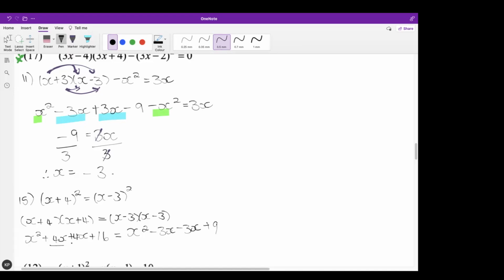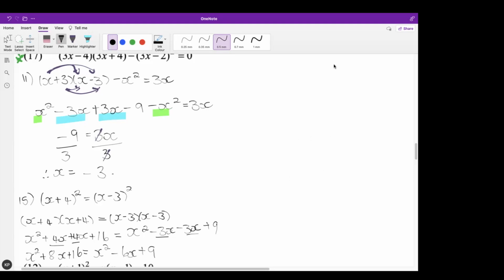Then you add your like terms here and on the other side. So x squared plus 8x plus 16 equals x squared, negative 3x minus 3x is minus 6x, plus 9.